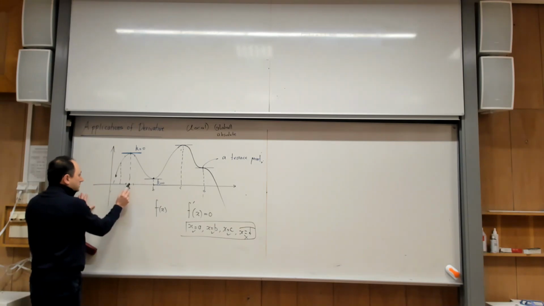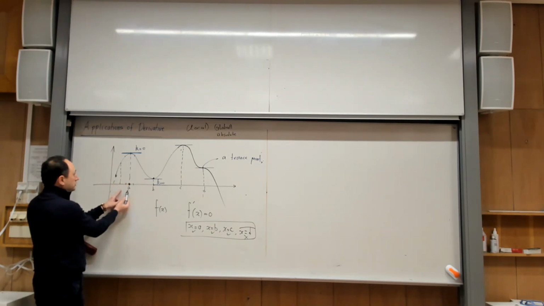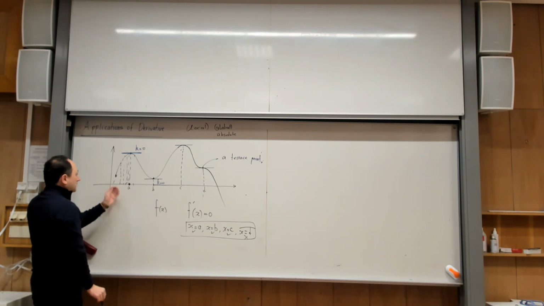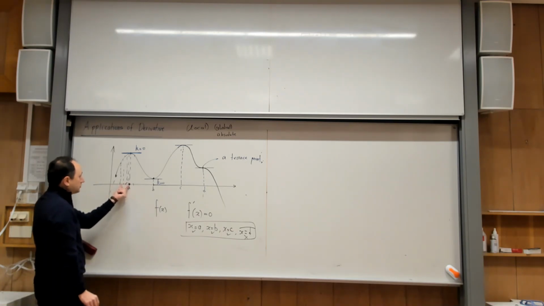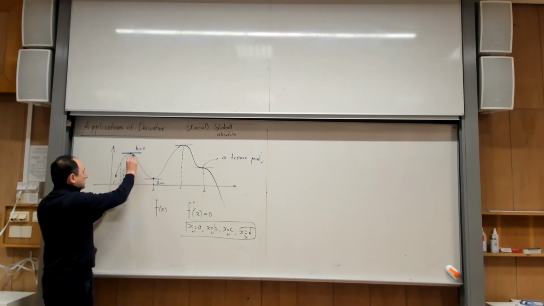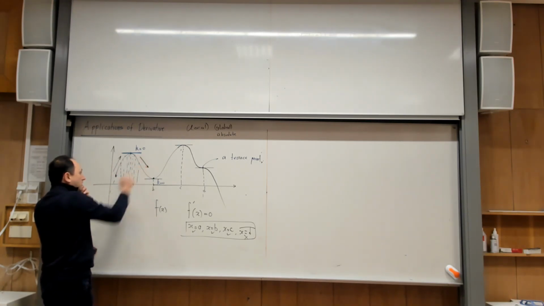When I am getting close to this point from the left side, all the time the graph is increasing. And then suddenly after that, the height will go down. So the function goes up, and then immediately after that the function goes down.